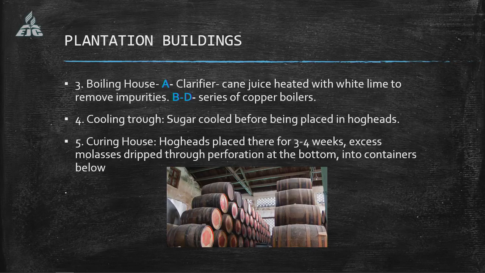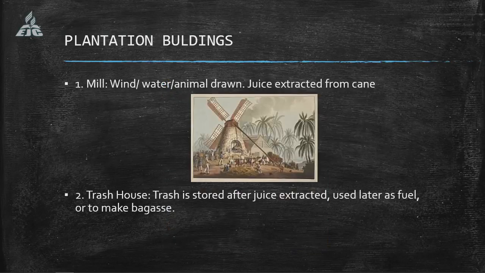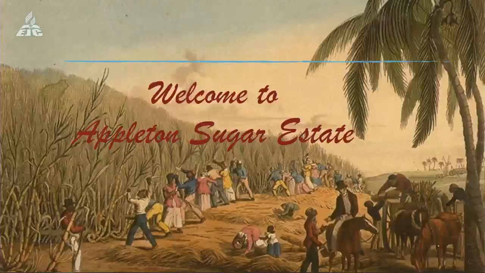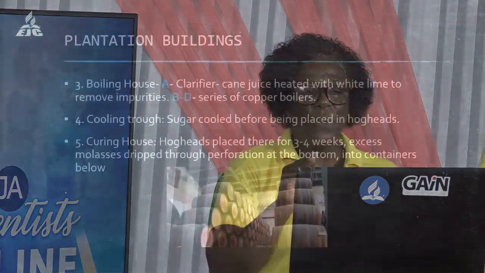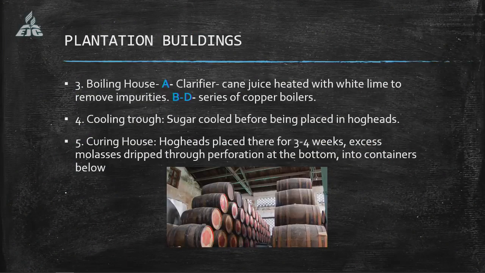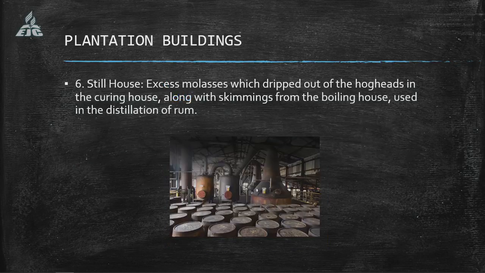Now we have here examples of what we call hogsheads, where the wet sugar was placed. This is what we call the hogsheads. These are examples of the hogsheads that the wet sugar was placed into.